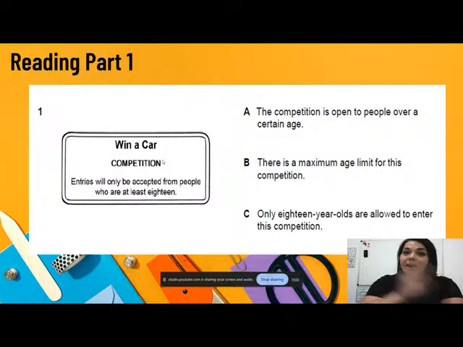On the right, we have our 3 options, A, B or C? Now, I'm going to give you a minute to read this, and then we'll see if we can eliminate some of the incorrect options. If you think you know the answer already, please write it in the chat. I'd love to see if you can get it.